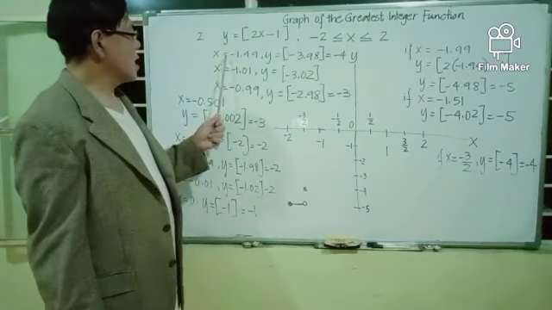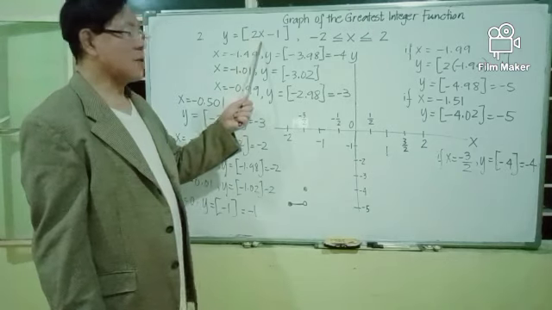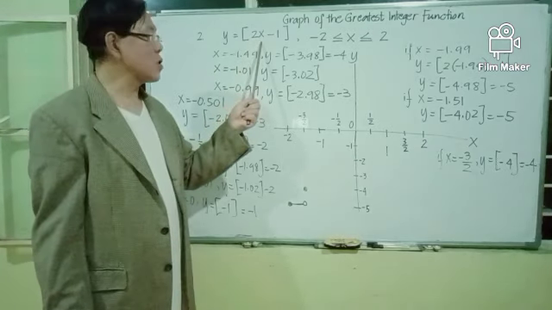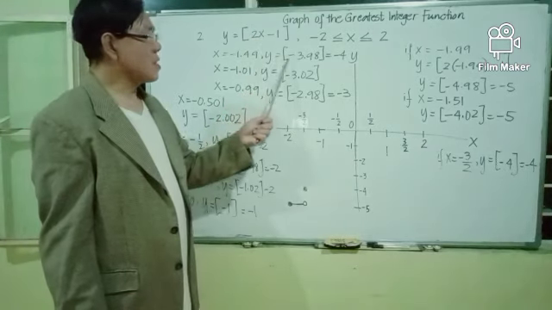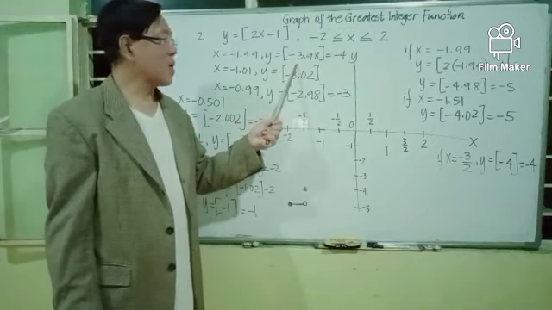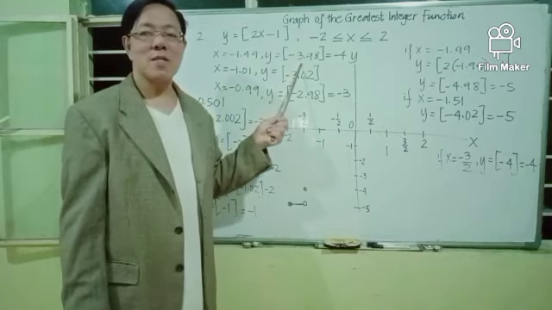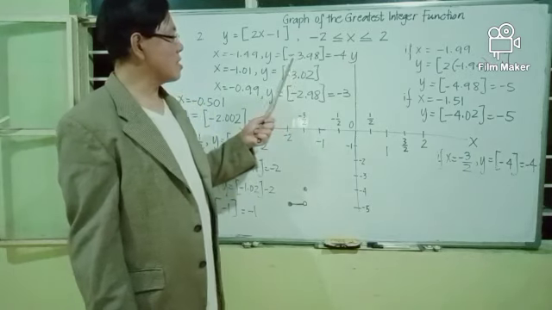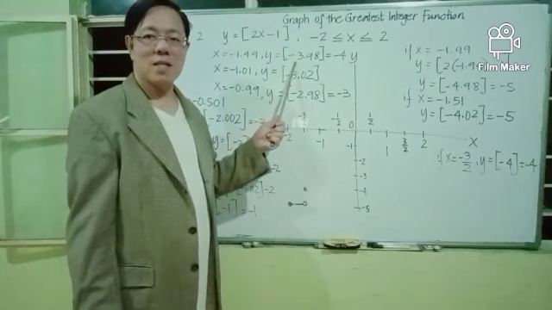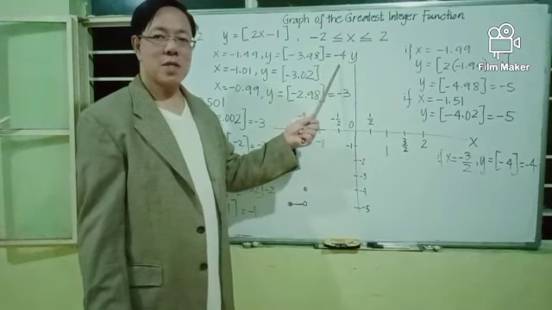If x is negative 1.49, you substitute in this greatest integer function, and y is the floor of negative 3.98. And the floor of negative 3.98 is the largest integer that is less than negative 3.98. And that integer is negative 4.